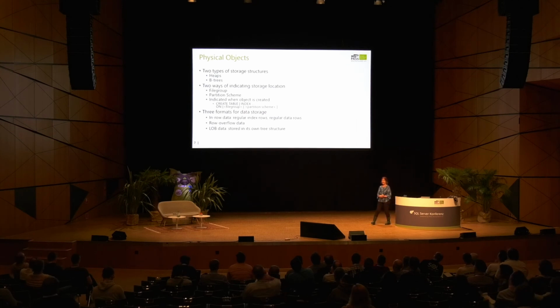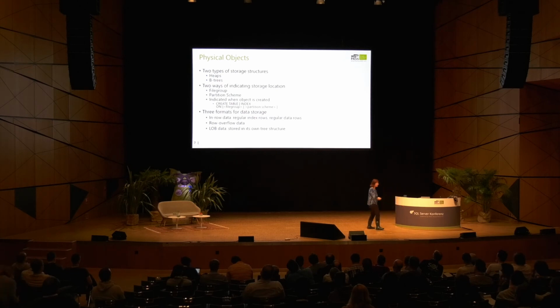Anytime you create a table in SQL Server, there's only two different ways that table can be stored. The table can be stored as a heap, which is basically just a bunch of rows on a bunch of pages with no ordering. A heap is an unorganized set of rows. There's no first row, second row, or last row. It's just a bunch of rows.